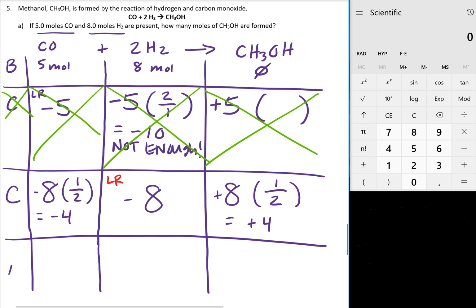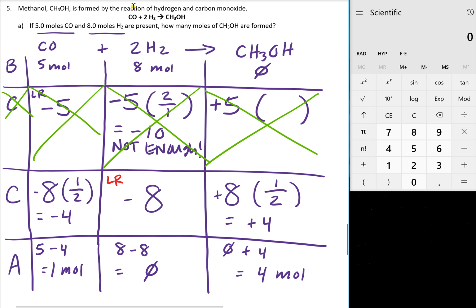Now I can complete the after row. After is the before together with the change. So for carbon monoxide, it is 5 minus 4, and we get 1 mole of carbon monoxide. Hydrogen, 8 minus 8, that gives us our 0 because it's our limiting reactant. And the methanol is 0 plus 4, and that gives us 4 moles of methanol.